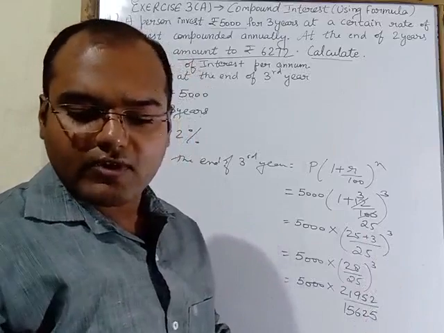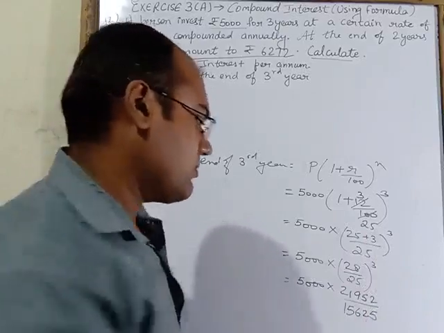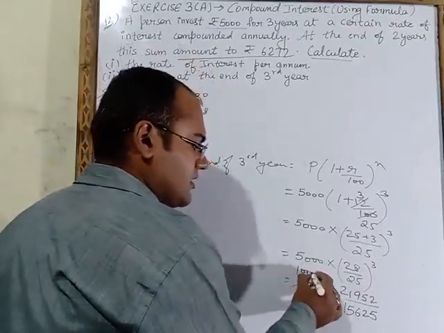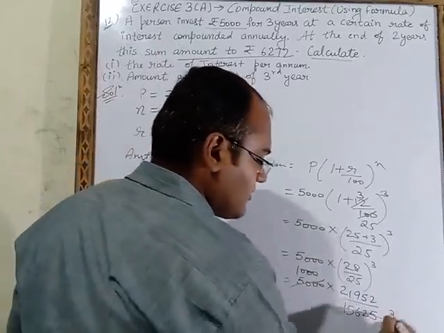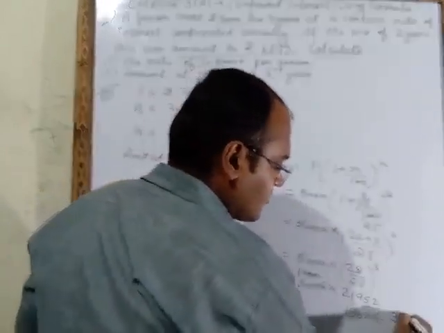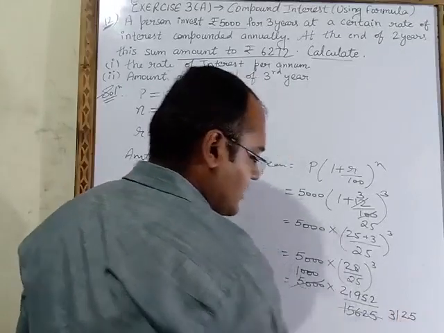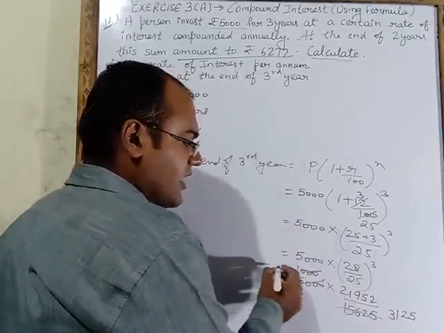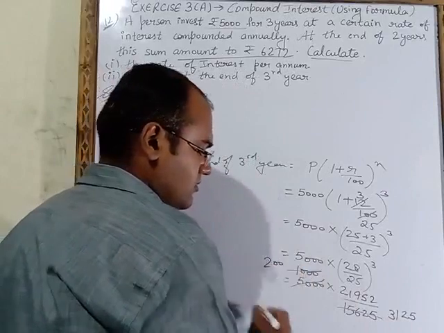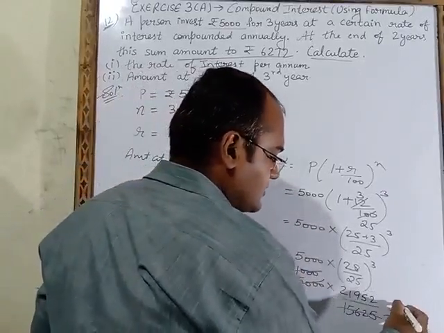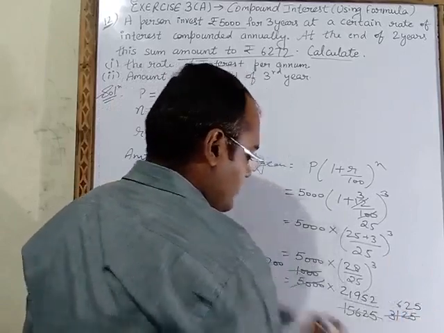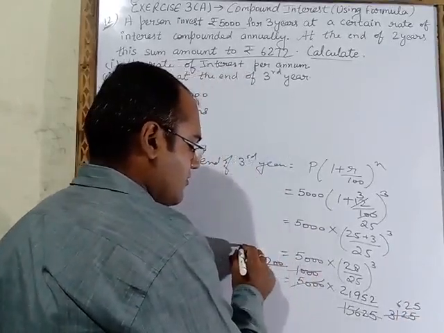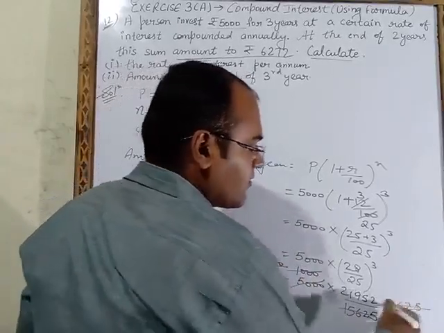Now what you have to do? You have to cancel these numbers with the table of 5. 5 1 5. Here also we will cancel it with the table of 5. 5 3 15. 5 1 5. 5 2 10. 5 5. Again you can cancel it. 5 2, here 5 6. 5 2 10. 5 5. 5 8 40. 5 1 5.